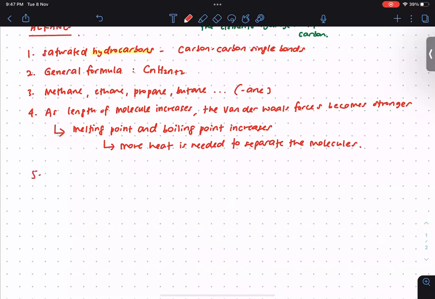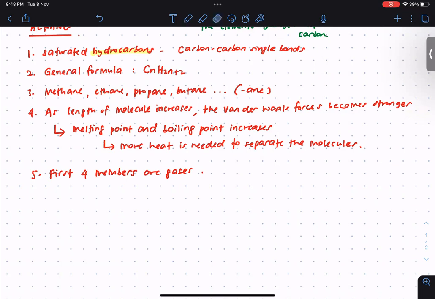Okay. Also, the first four members are gases. The first four members are gases, which refers to methane to butane, C1 to C4.